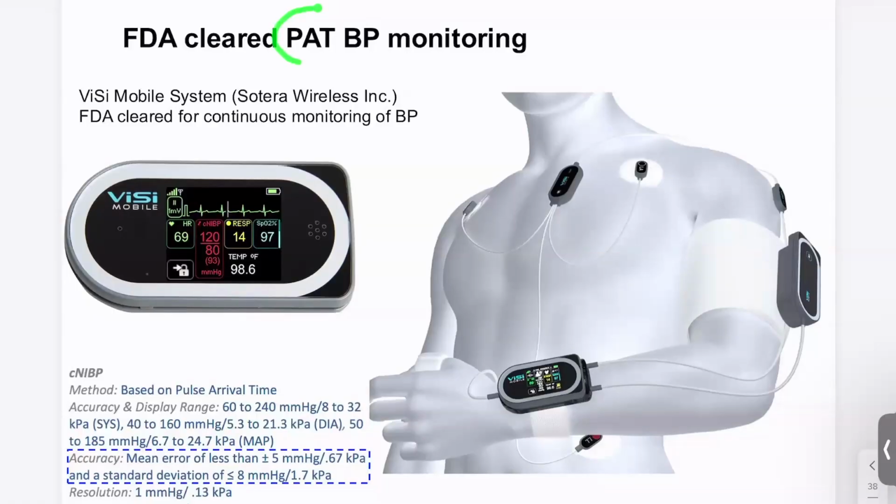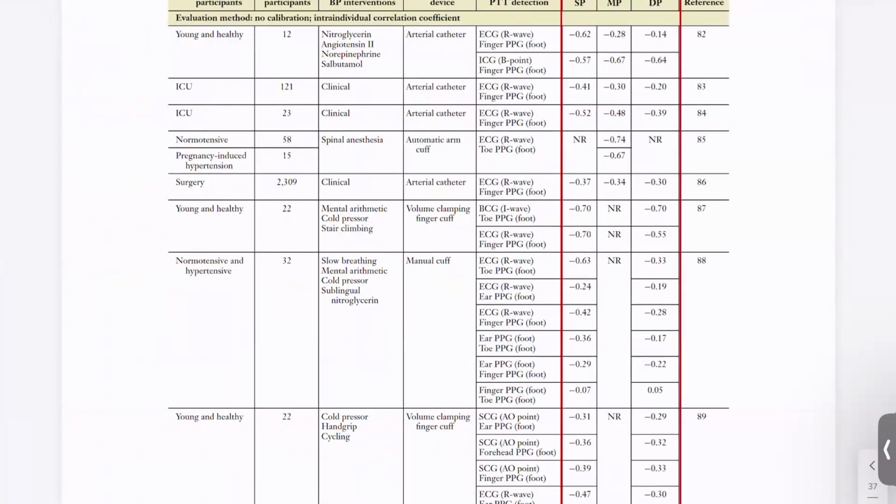But in terms of PAT, pulse arrival time, it needs to know how long it takes the pulse to travel from the heart to your finger. So the finger unit or the hand unit takes PPG, and the chest unit measures ECG.